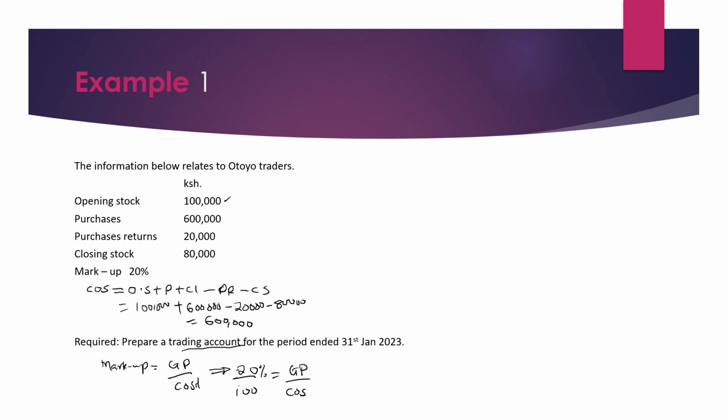If we simplify, we'll have 1 over 5 is equal to the gross profit over the cost of sales, which we already calculated to be 600,000. If we cross multiply, your gross profit is equal to 120,000.